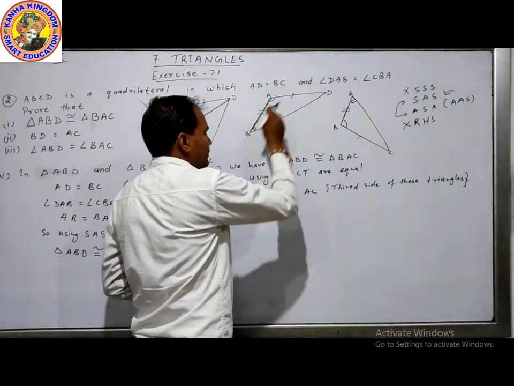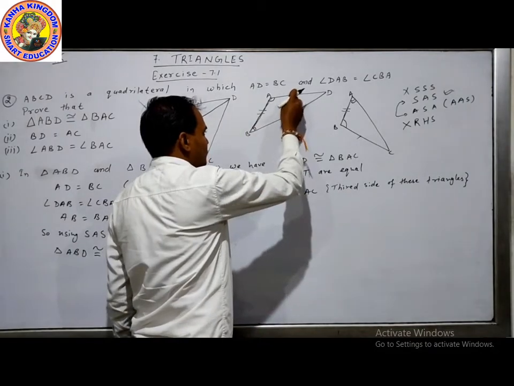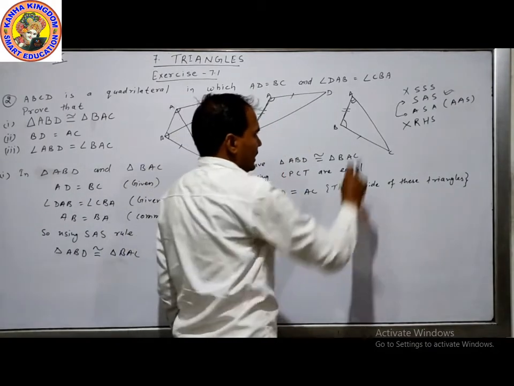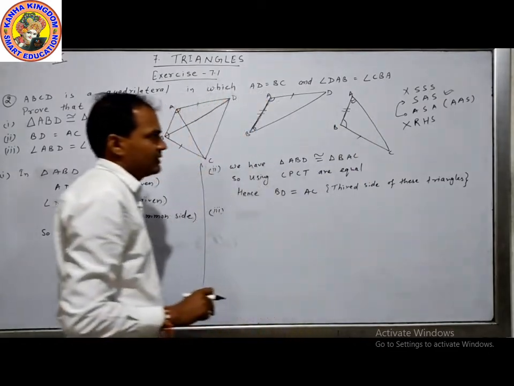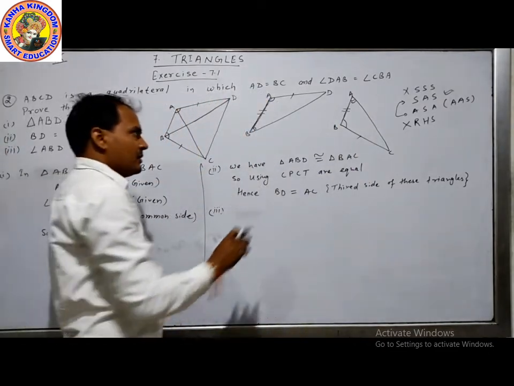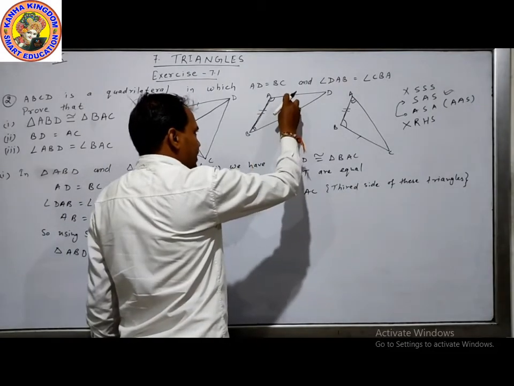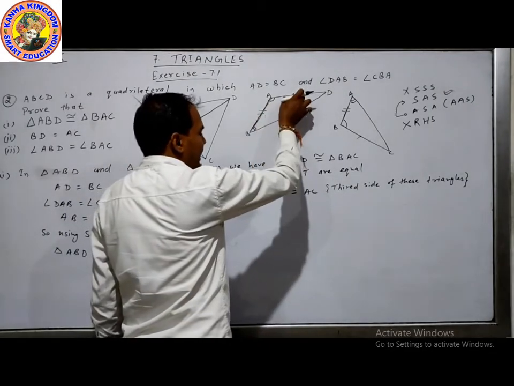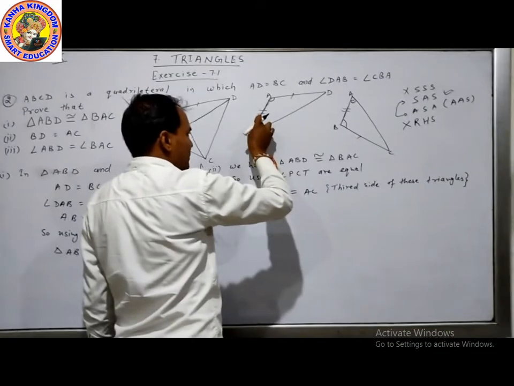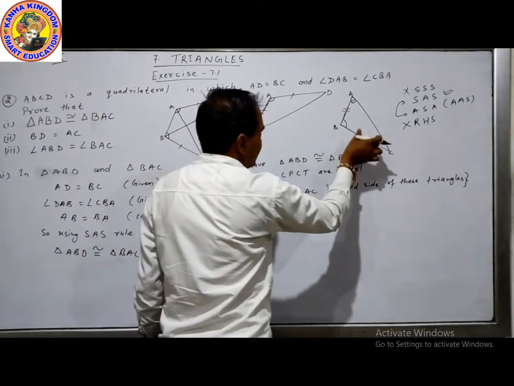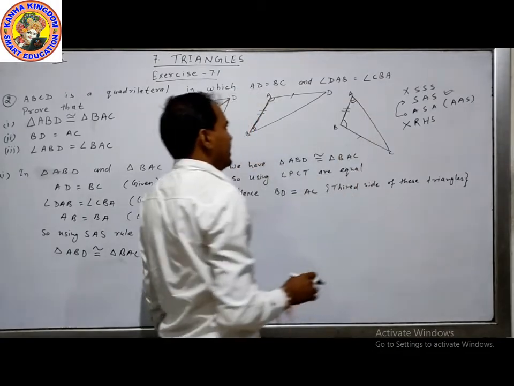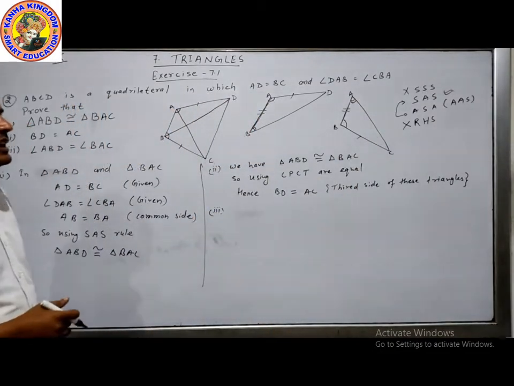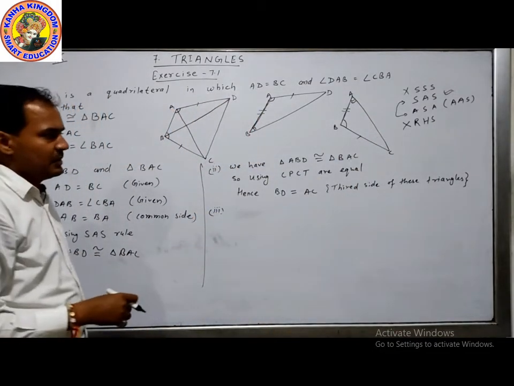This angle is opposite to one side and this angle is also opposite to one side. We know that the respective opposite angle of AD is B, and AD is equal to BC, whose opposite angle is A. So the respective angles are also equal by CPCT.